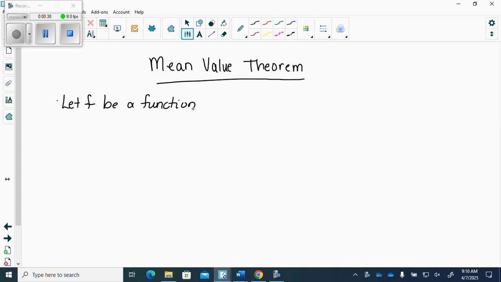So let f be a function defined on the closed interval a, b, if f is continuous on a, b, so we have to have continuity again for this theorem as well.